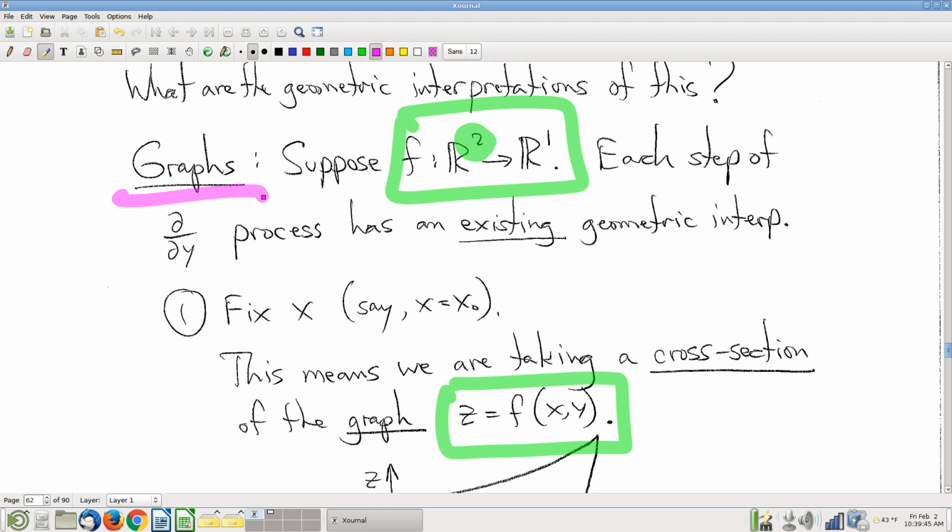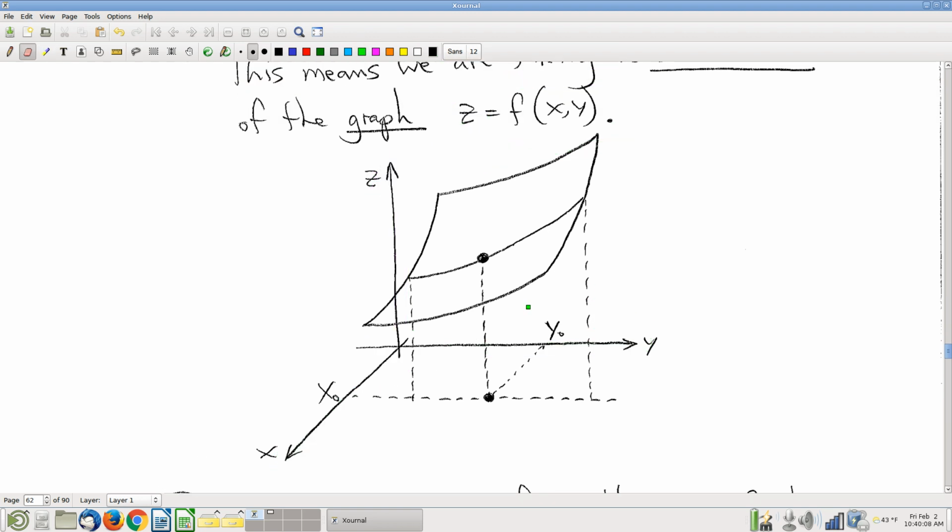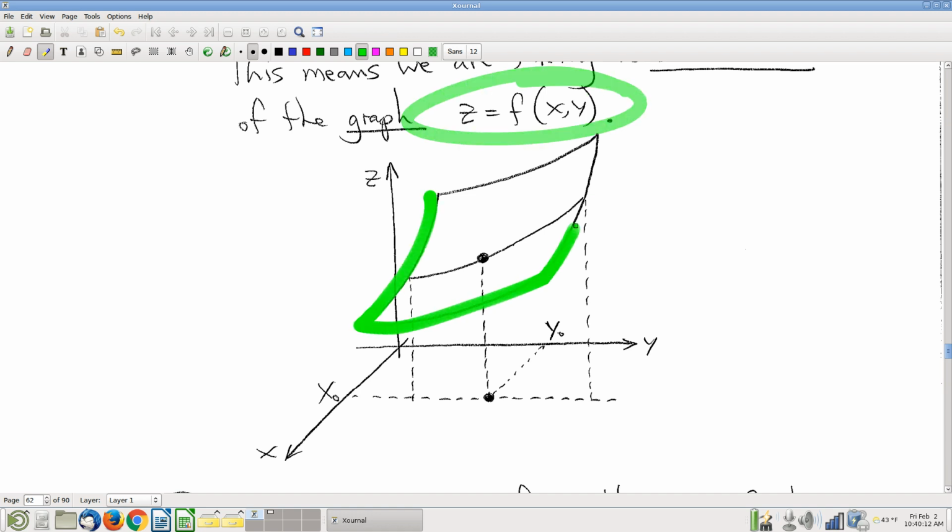Graph means we're going to take that function of x and y and set it equal to a new variable, z. And that new variable z is one axis. The input variables x and y are the other axes, and you draw the graph. We have that whole process that we talked about. Okay. So here's the equation for this graph. We know we're going to get a surface.